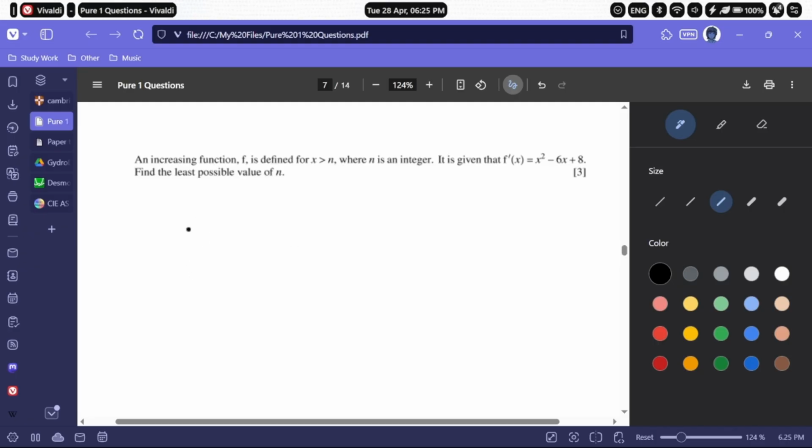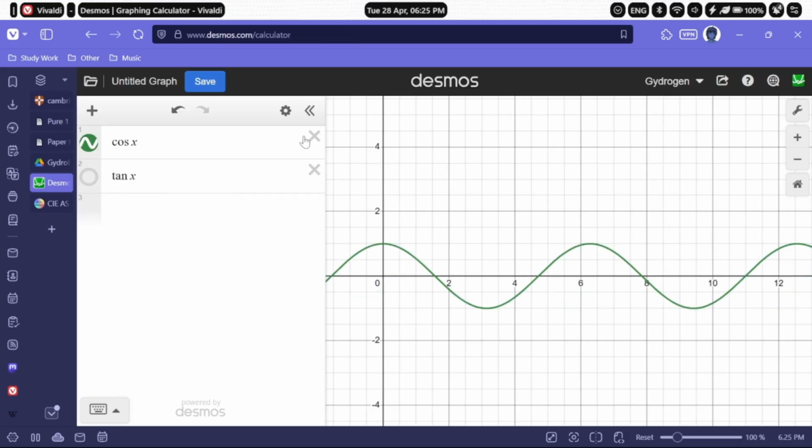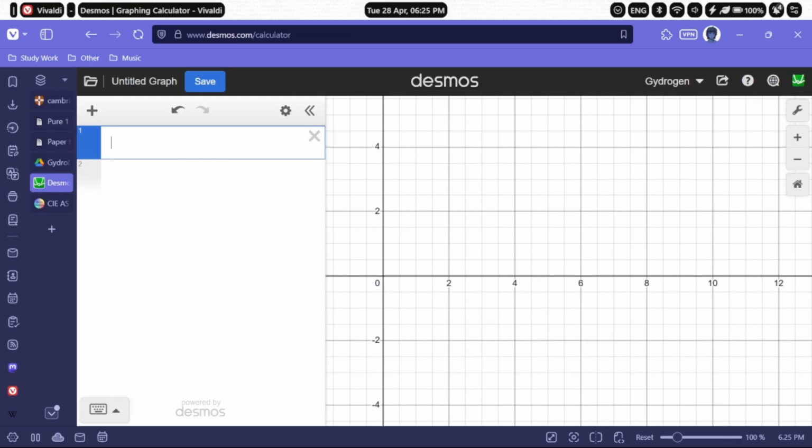Anyway, let's say you have a function f of x. You know what? Let's have some fun. So I'll open this in Desmos, because Desmos is really helpful in these sort of things. I'll just try analyzing a function.